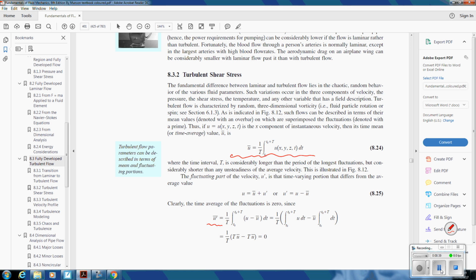But if we do a time average, a single u prime is not zero, but the time average might approach zero, right? If you average the fluctuation, you will see some are positive, some are negative. The average might be towards zero.